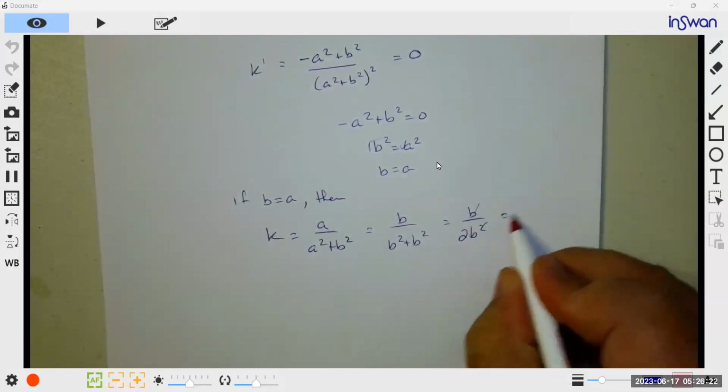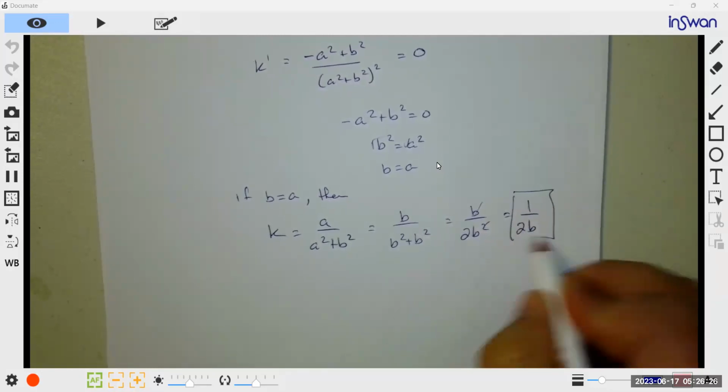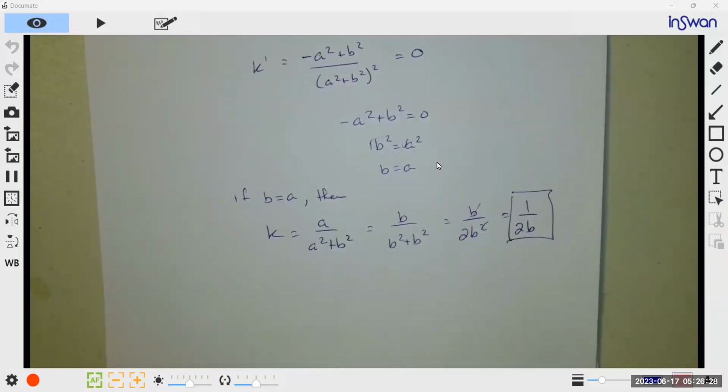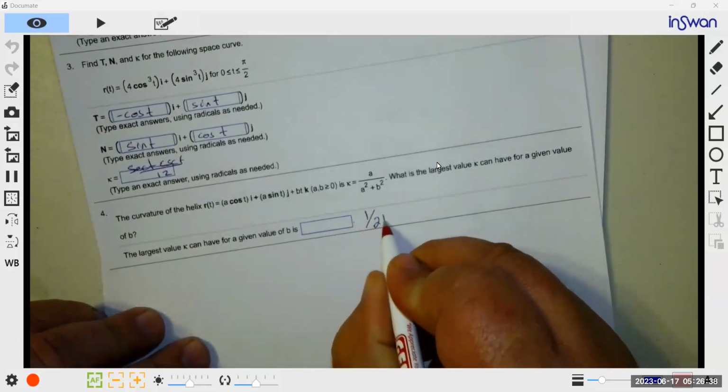The b's cancel, so we have 1 over 2b. That's the largest it can be. So the answer is 1 over 2b.